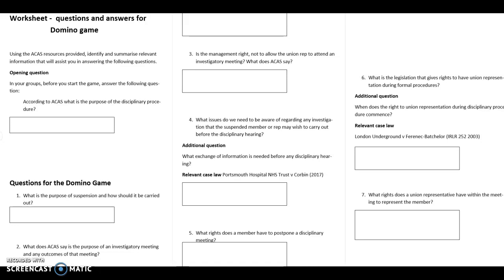And one of the things that came up very clearly was, for example, some policies have got in it that union reps will be allowed to sit in with members when there is an investigatory meeting. But when you compare that to the ACAS code of practice, there isn't anything. In fact, it just says, maybe. Why not? It's a good idea. You don't have to do it.